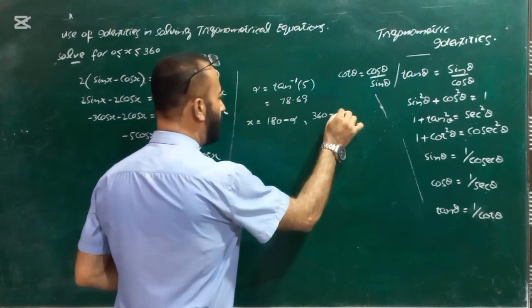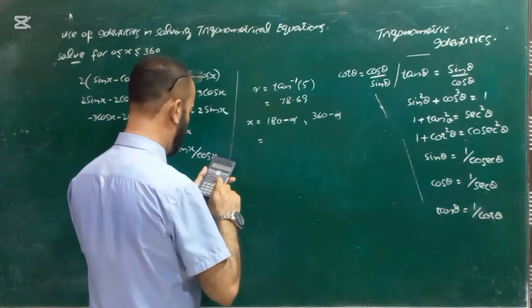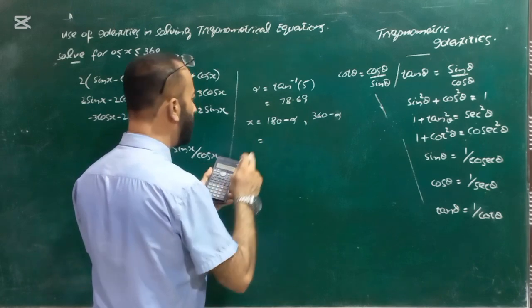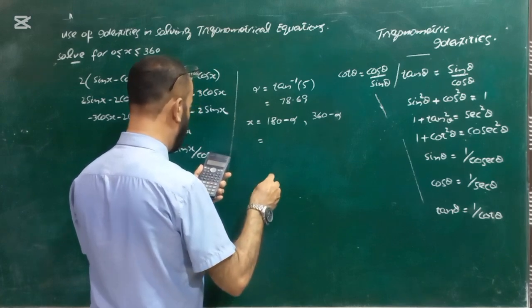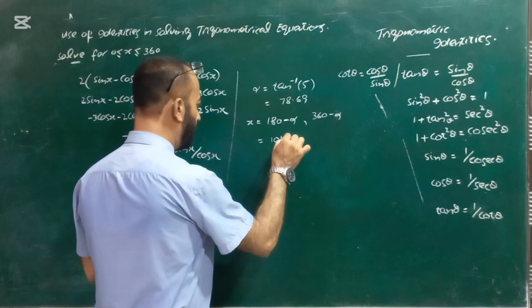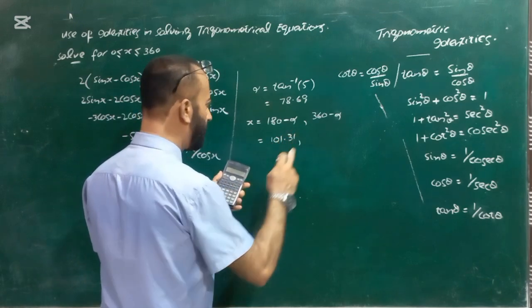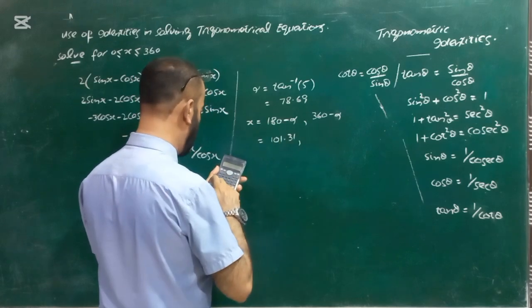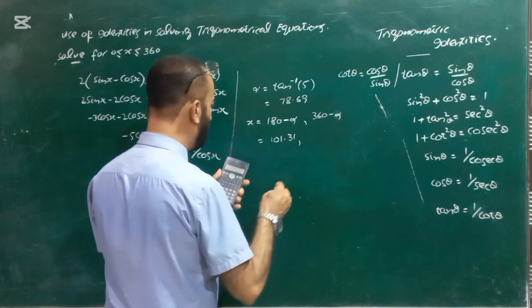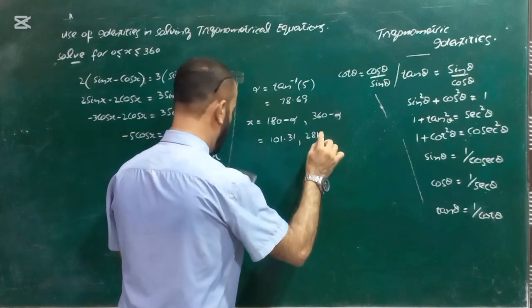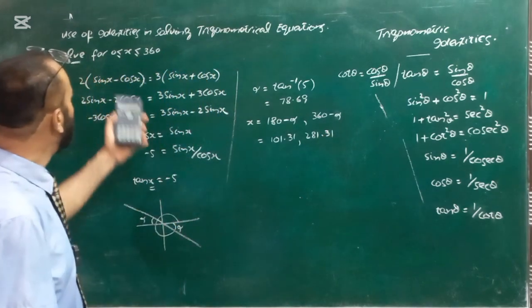So putting values into these two things, 180 minus 78.69 is equal to 101.31, and 360 minus 78.69 is 281.31. So these are the answers within this range.